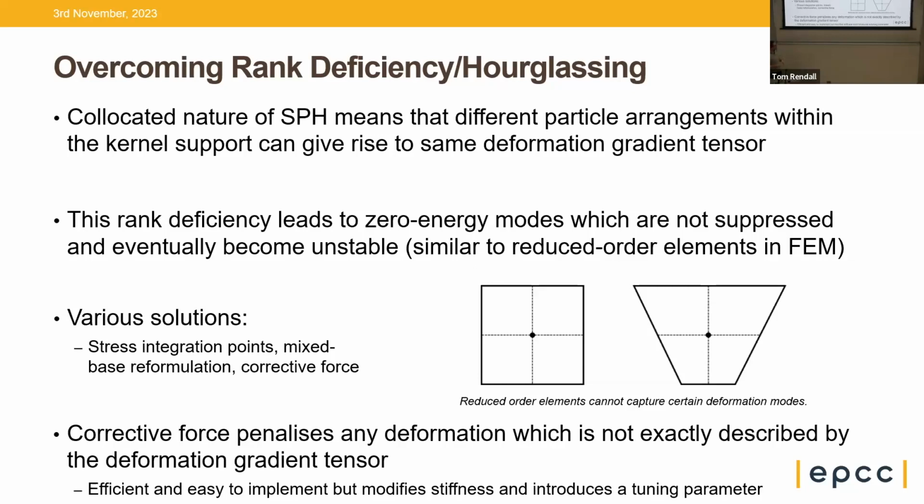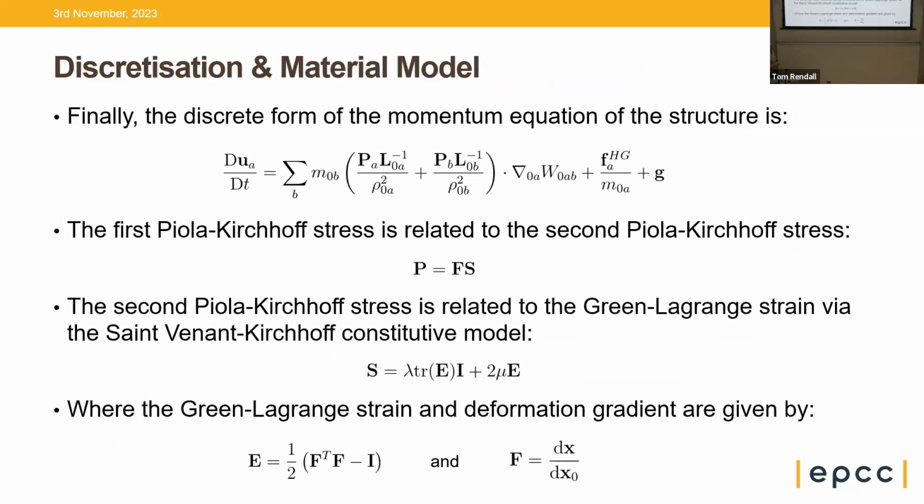So what we ended up doing was introducing a penalty force, which penalizes any deformation that's not exactly described by the deformation gradient tensor. This is easy to implement, it's efficient. The downside is it does slightly modify the effective stiffness, so you've got to use it sparingly. And it also does introduce an additional tuning parameter as well, which is not ideal.